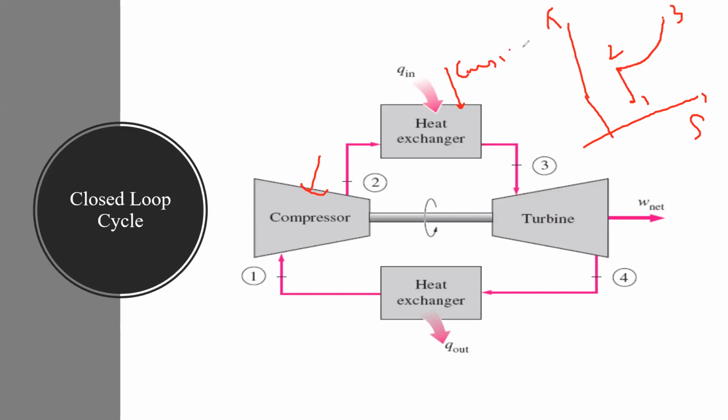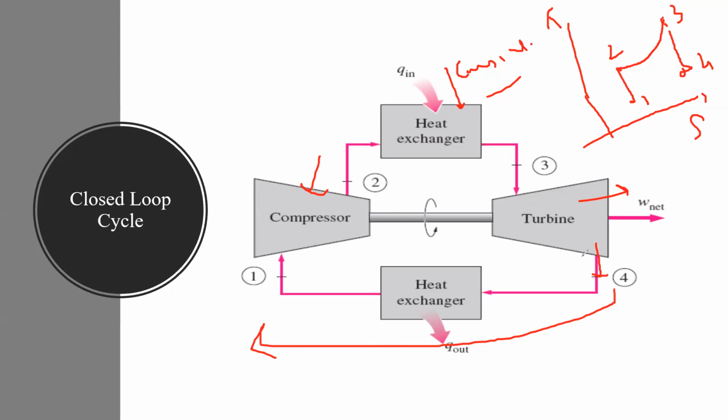Again, when I pass the high temperature steam into the turbine, it converts one energy into another energy and passes some steam through this heat exchanger. Again your temperature decreases at point 4. And from point 4 to 1, what is the step?